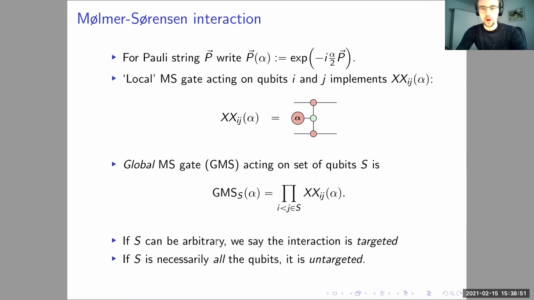So if S can be arbitrary, it's obvious that this gives you something stronger, or at least as strong as using CNOT gates or some 2-qubit entangling gates. But if you only use untargeted gates, then it's not even clear a priori that you could do a universal computation, right? Because it's not clear that you could then restrict your entanglement to a smaller set. But it turns out you can still do this. That's one of the results in this paper.